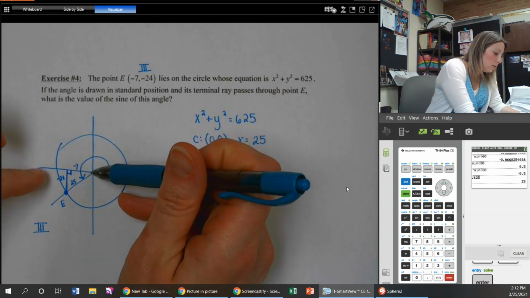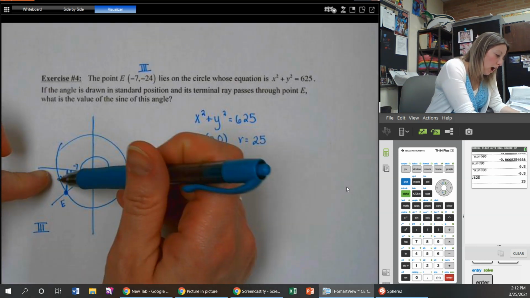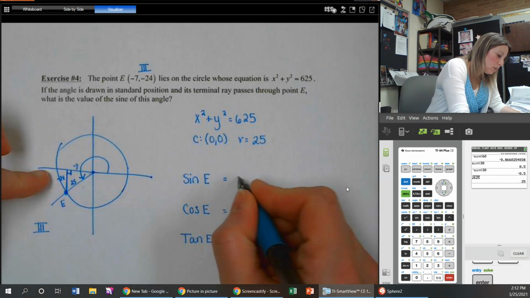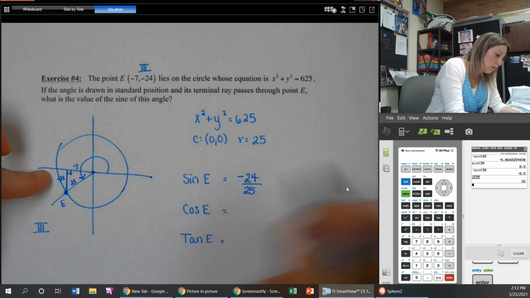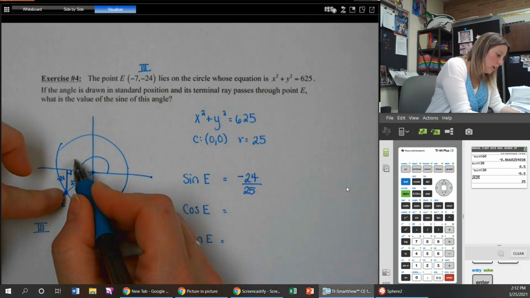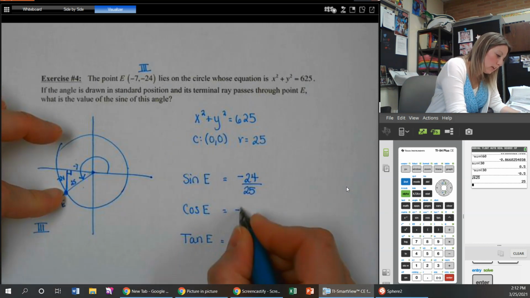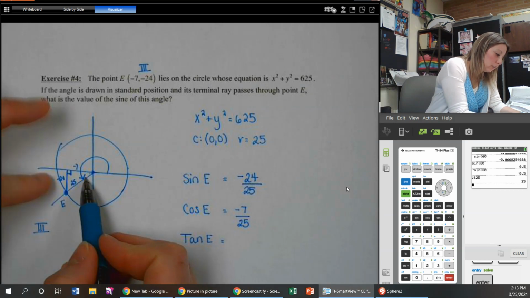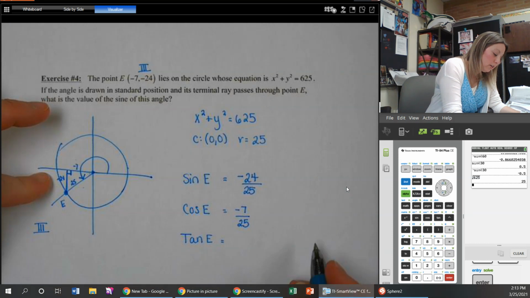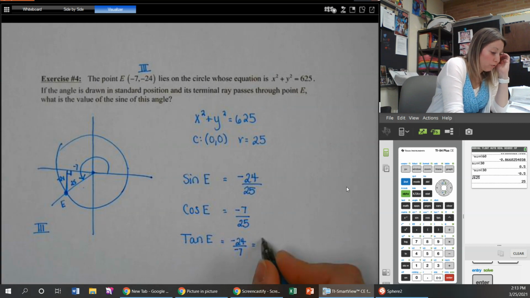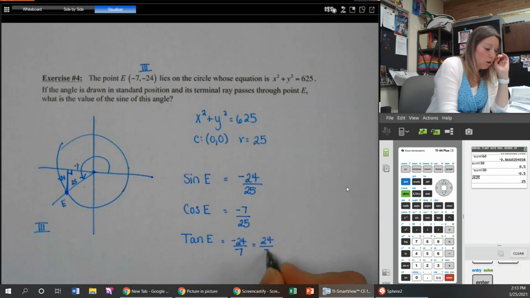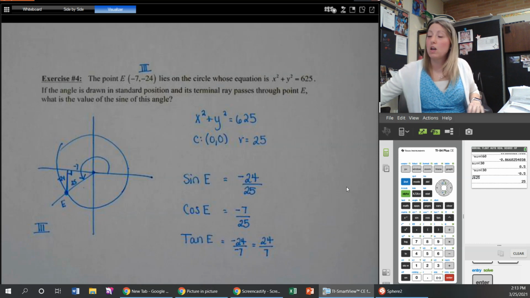So sine of this angle is opposite over hypotenuse, -24 over 25. Cosine is adjacent over hypotenuse, -7 over 25. Tangent is opposite over adjacent, which is -24 divided by -7, which of course reduces into 24 over 7.